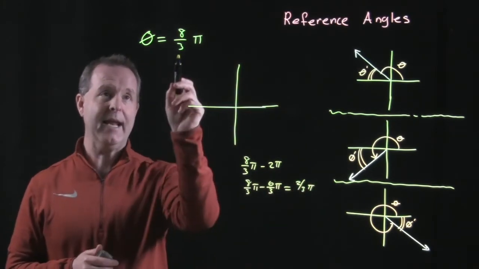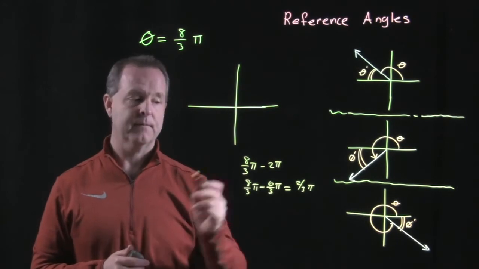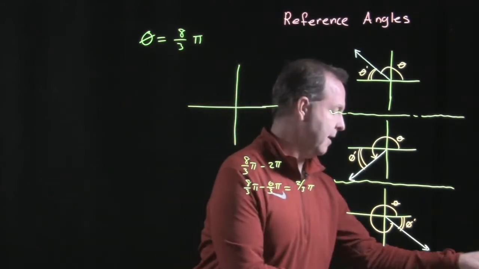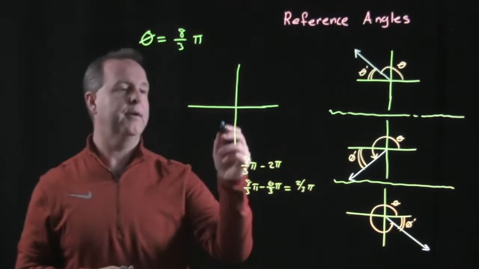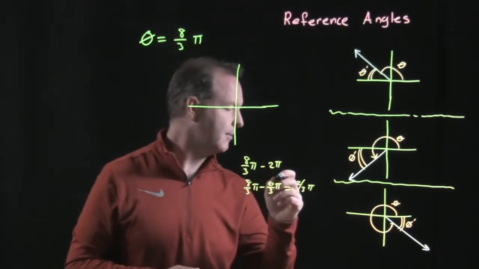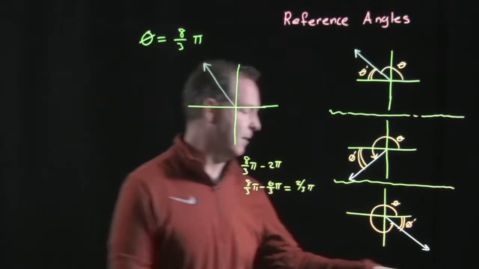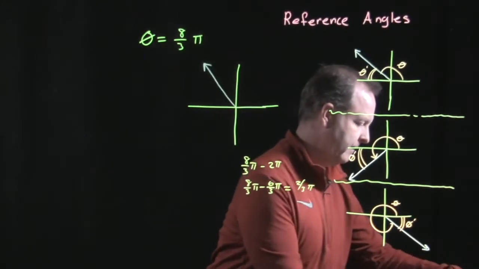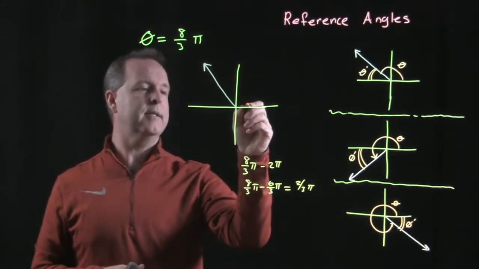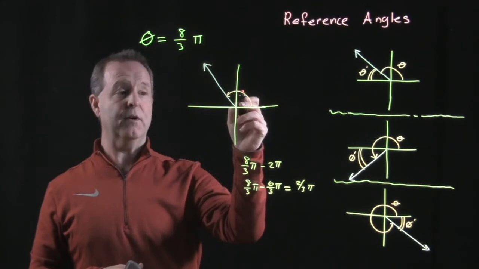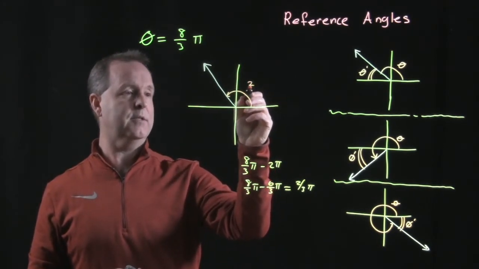So I have an angle that's 8/3 pi. It has a coterminal angle at 2/3 pi, one that I'm able to identify a little bit better. And I'm able to identify it roughly right around there somewhere. So I have some measurement of the coterminal angle now. 8/3 pi, but it's also the same thing as 2/3 pi.